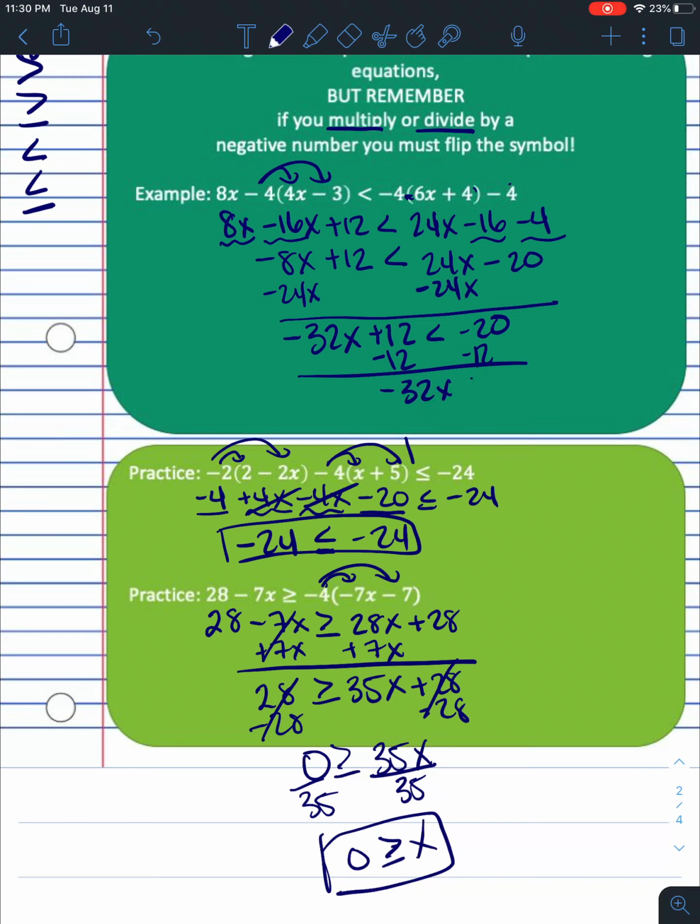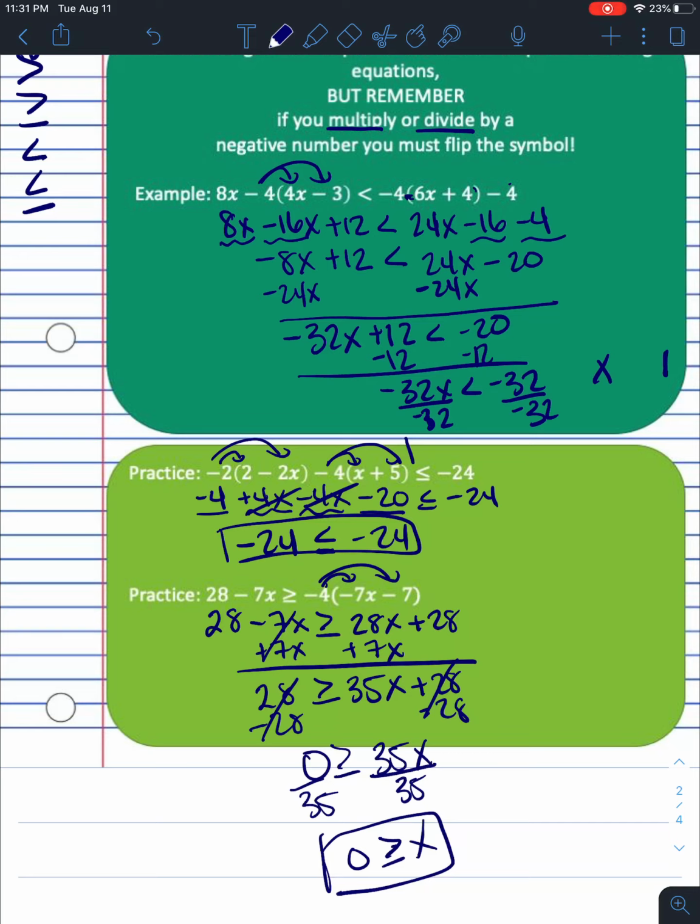And I have negative 32x is less than negative 32. Divide by negative 32. And we have x, and negative 32 divided by negative 32 is 1.